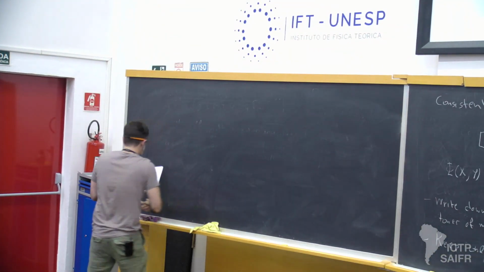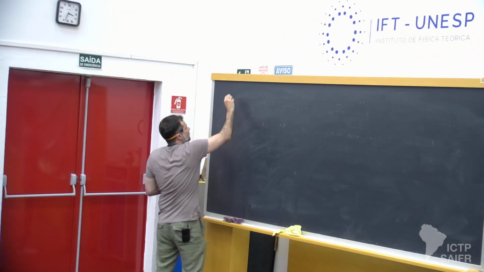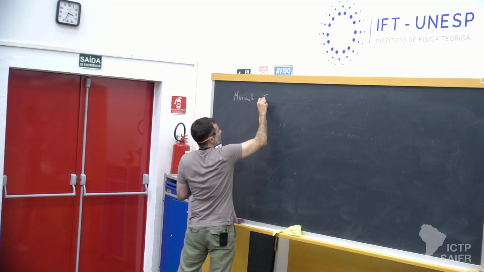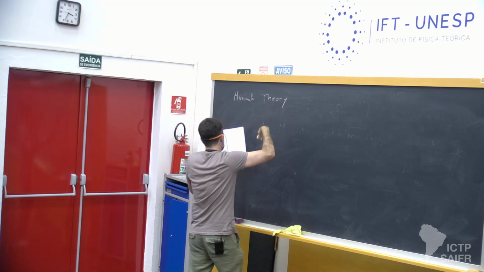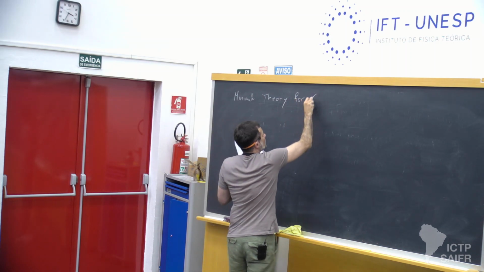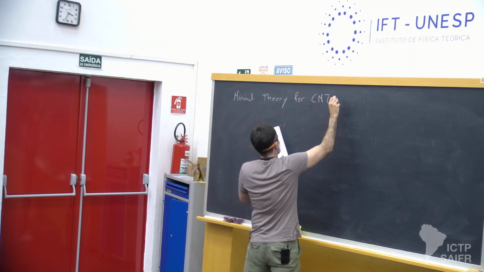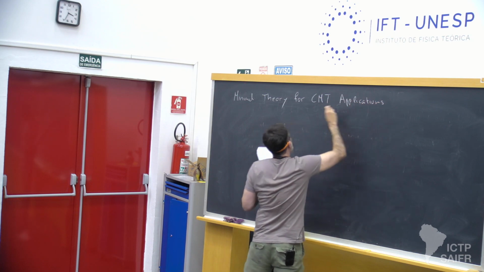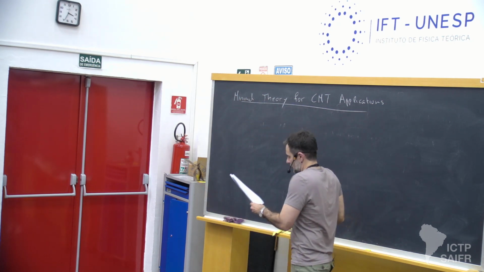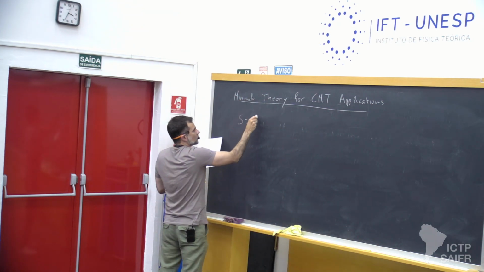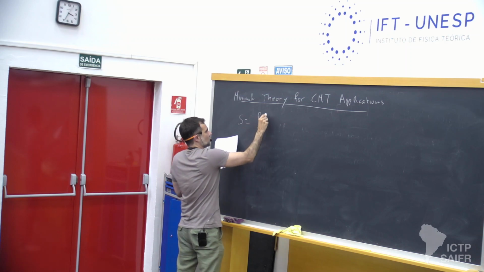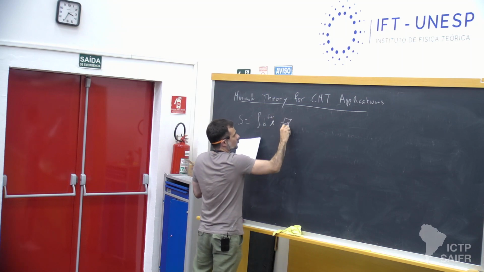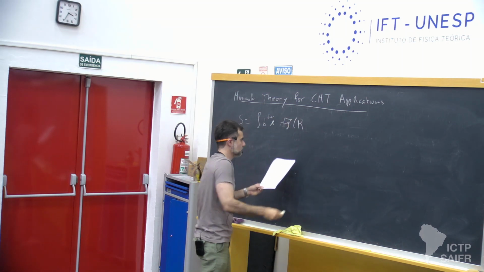But if I just want to write down what I want to extract from these supergravities, they will all give me a sector which has a metric, so we'll have some Einstein-Hilbert term.